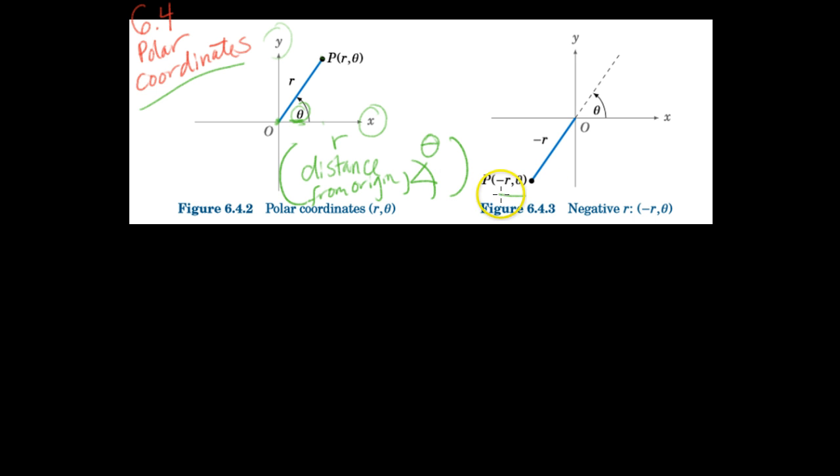What they're showing here is you take this point P, and R is going to be the same value, but now it's the opposite of R. What it tells you to do is you go up to theta, whatever theta is, because it's the same angle theta, but then rather than landing R units away here, which would be this spot, I'm going back through the origin and R units away in the opposite direction.